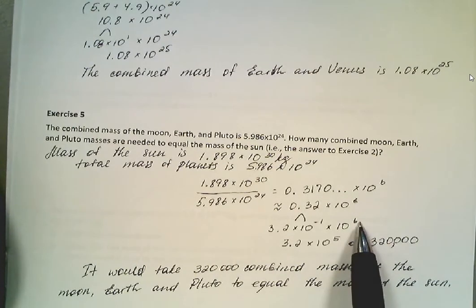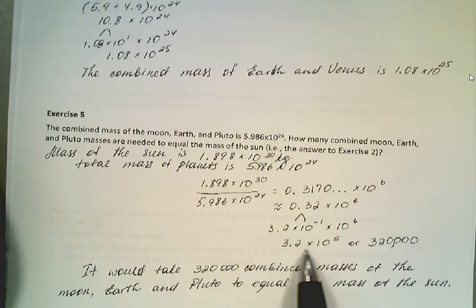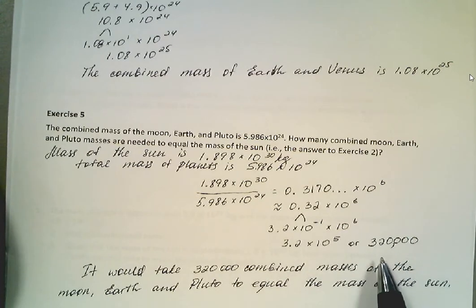Combining exponents of 10, we get 3.2 times 10 to the fifth. If I want to change that into standard form, I will get 320,000. That means that it will take 320,000 combined masses of Moon, Earth, and Pluto to equal the mass of the Sun. So that's how heavy the Sun is.